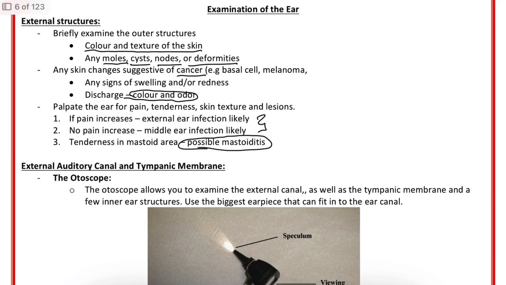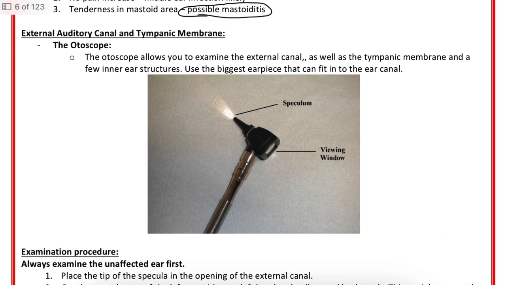Next, here we have one instrument in the clinic, which we call the otoscope. This otoscope helps to visualize any problem in the ear canal. This is the external auditory canal, and it lets us visualize the tympanic membrane.